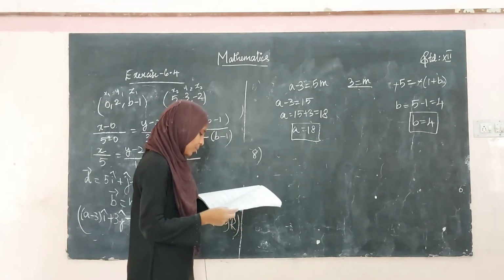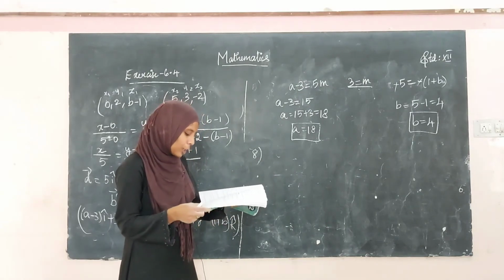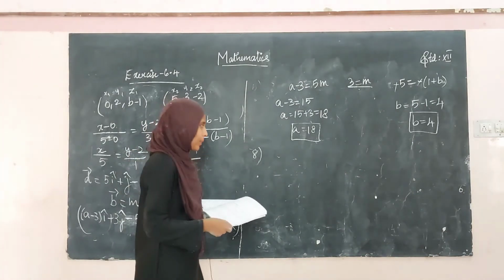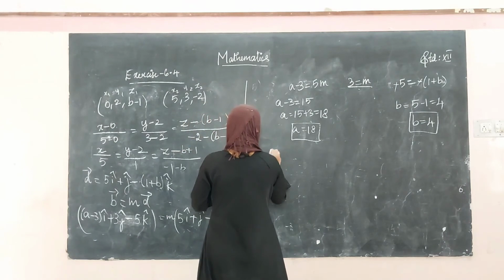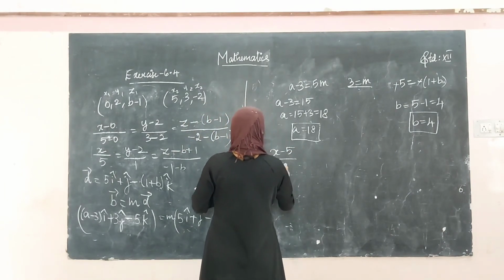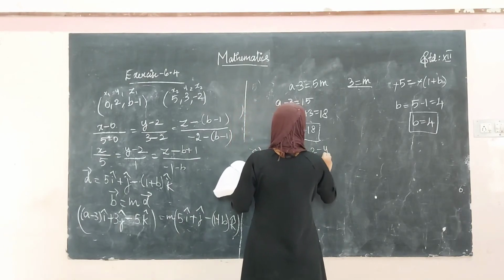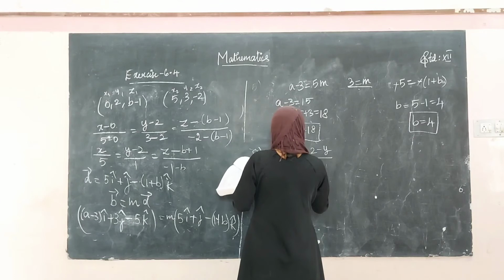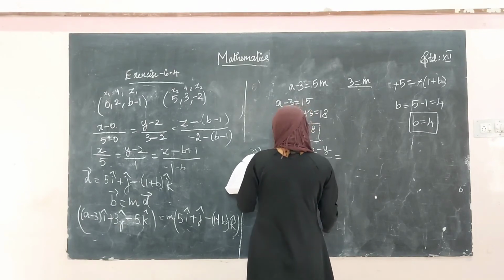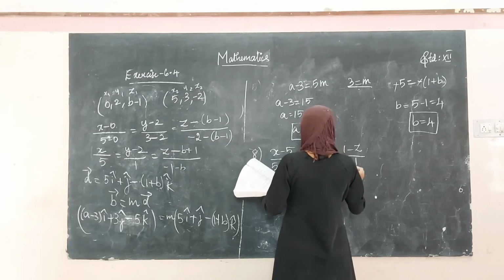What's the 8th sum? They have given two straight lines that are perpendicular to each other, find the value of m. The straight lines are (x minus 5) divided by (5m plus 2) equals (2 minus y) divided by 5 equals (1 minus z) divided by minus 1.